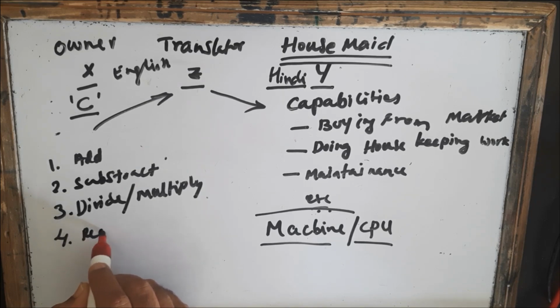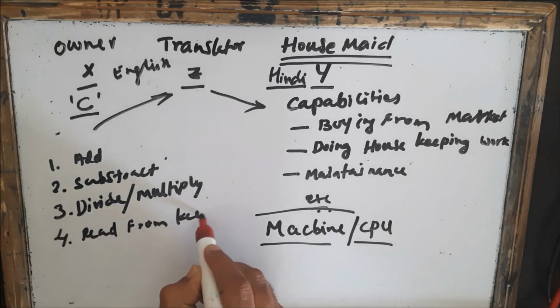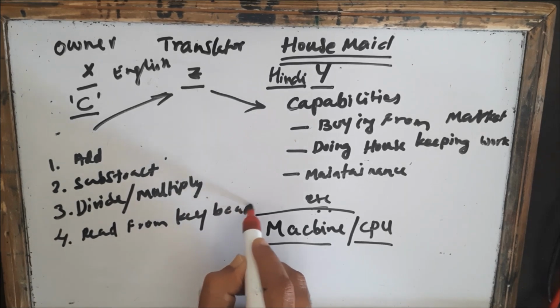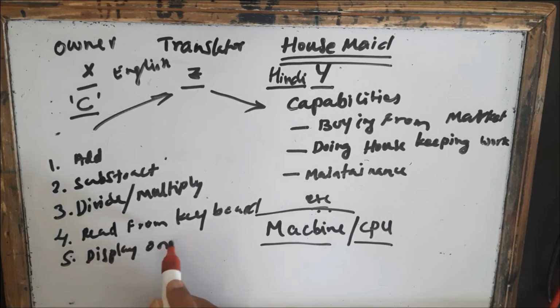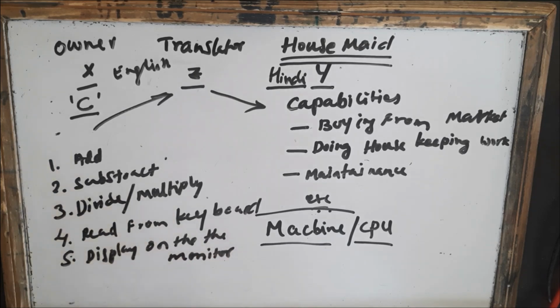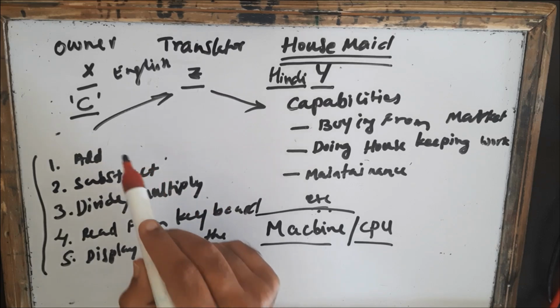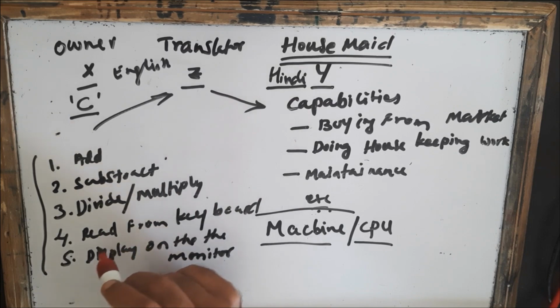And it can read from the keyboard and display on the monitor. So these are the capabilities of our machine or CPU. It can add, subtract, divide, or multiply, or read from the keyboard and display on the monitor.